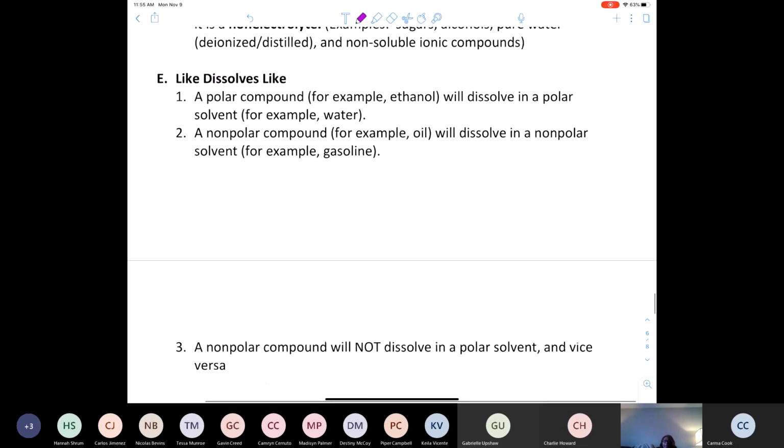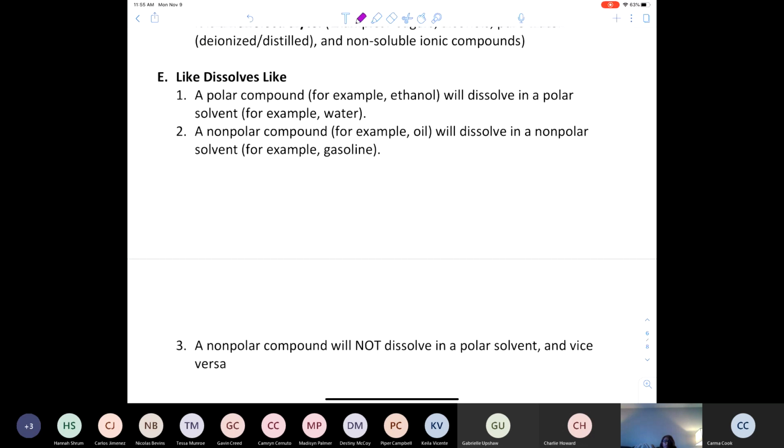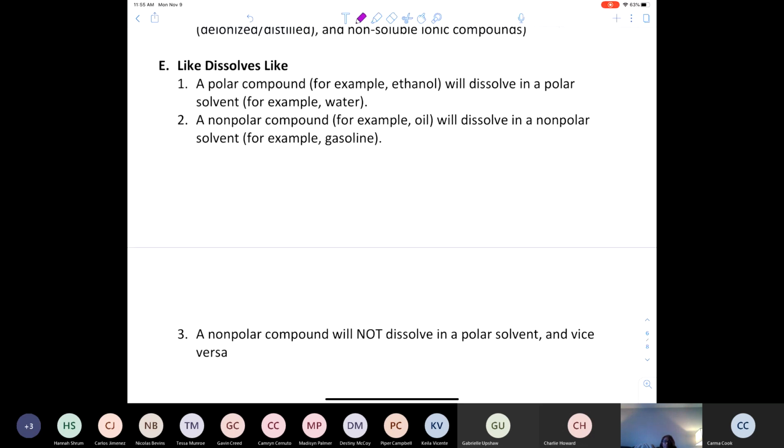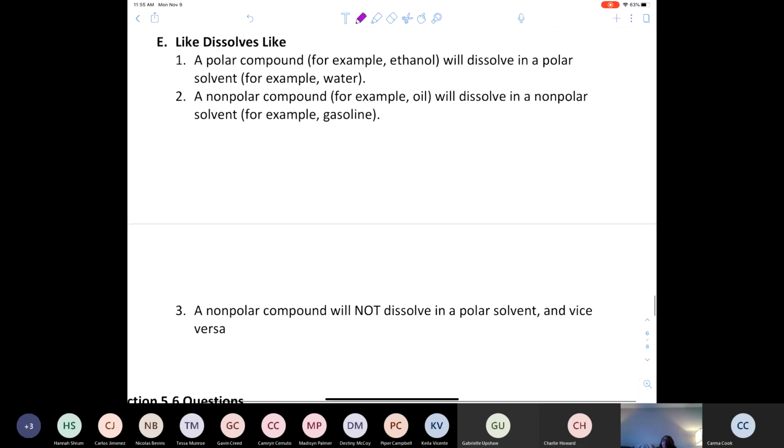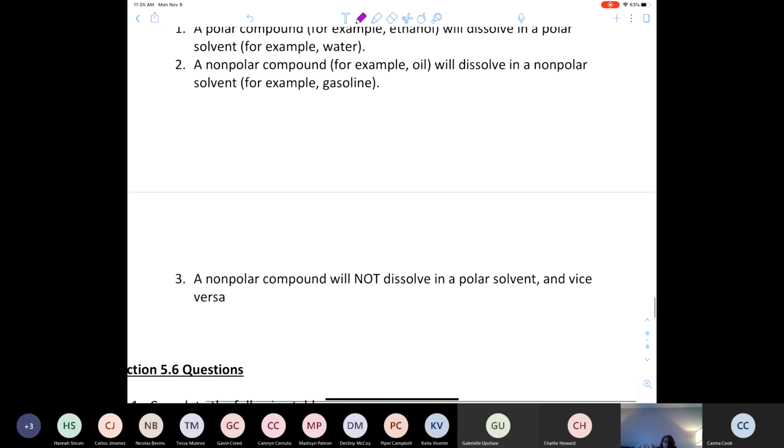So a polar compound like ethanol will dissolve in a polar solvent like water. A nonpolar compound will dissolve in other nonpolar substances like gasoline. But oil, being nonpolar, will not dissolve in water.